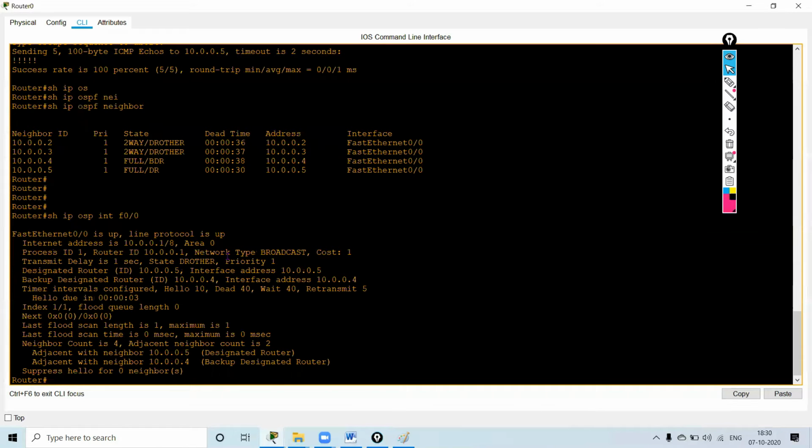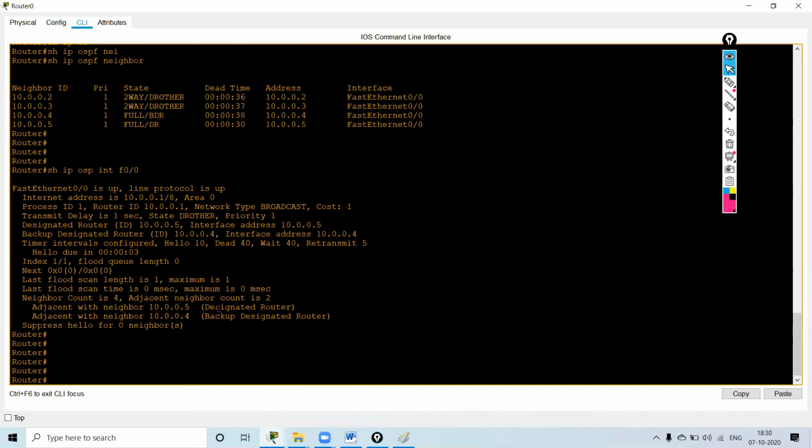Now you can see over here the priority is 1. The state of this router is DR other. The designated router is 10.0.0.5. The backup designated router is 10.0.0.4. This is a broadcast type of network.